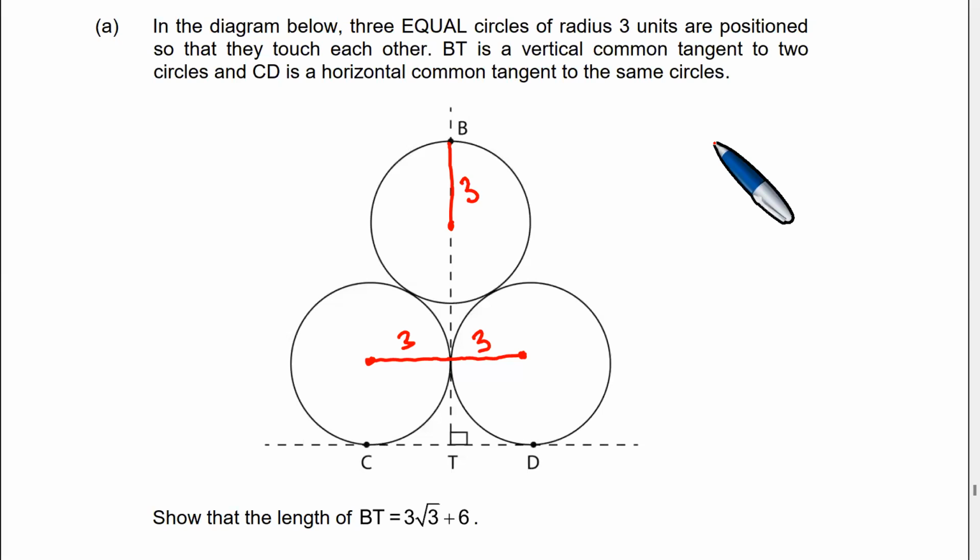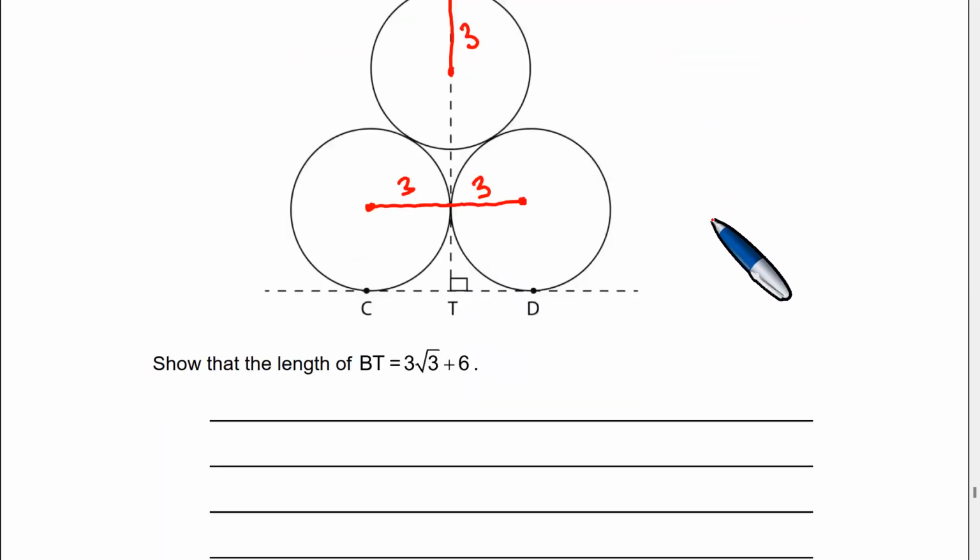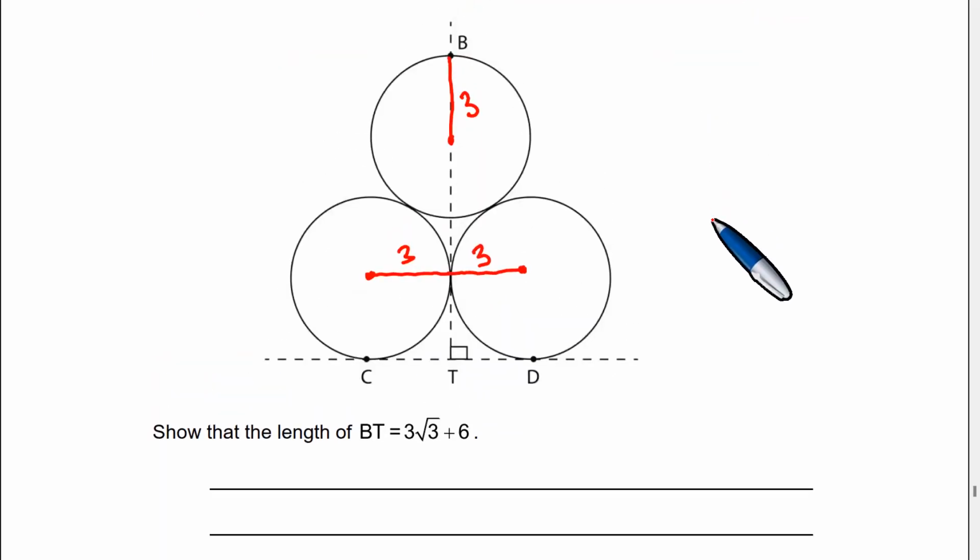Okay. You done, folks? Not yet. Right. So you have to do constructions. You need to join these ones here, and then you need to join these here, like that. This one is a radius, which is 3, and that is 3.